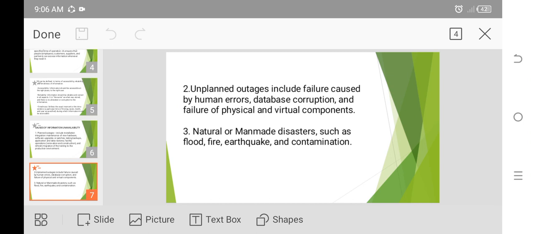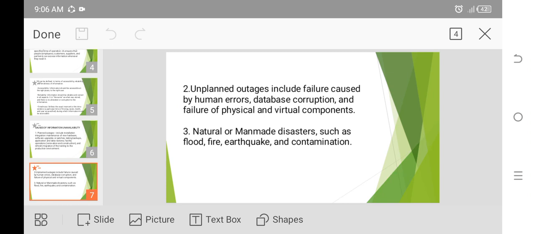There can be different reasons for this to happen. There are human errors, like someone accidentally deleting important information, database corruption, where the data stored in the computer system gets damaged or lost, and failure of physical and virtual components, like a server crashing or software not working properly.